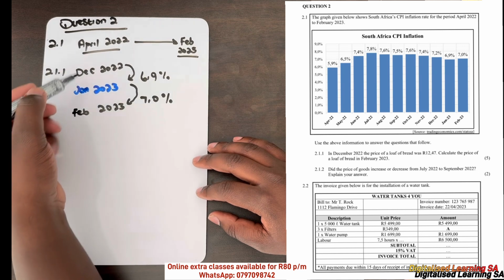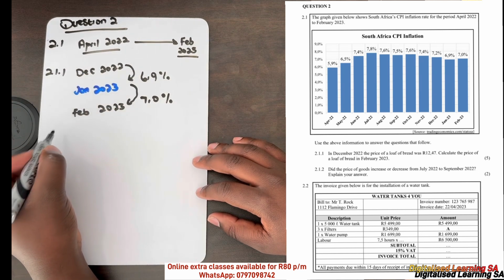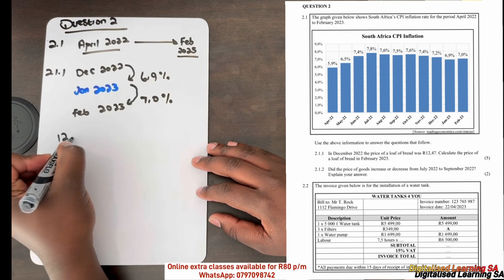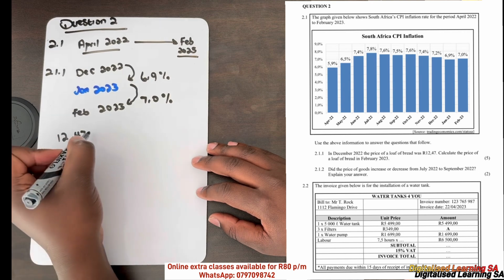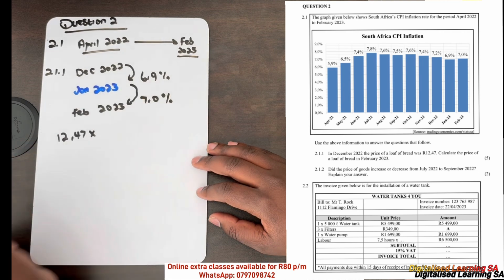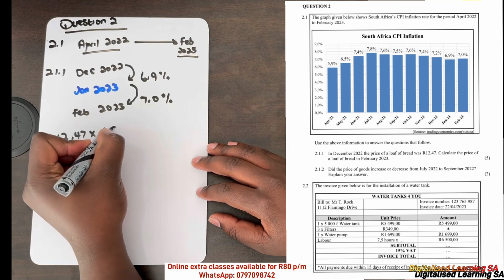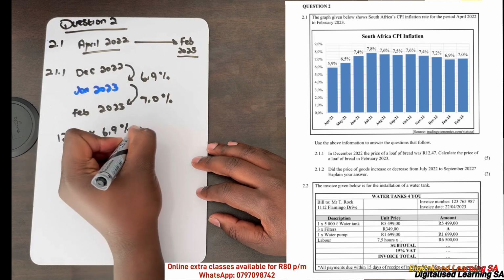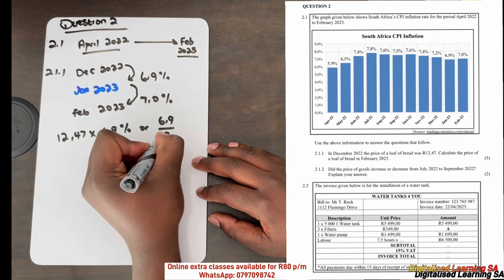So from December to January it increased by 6.9%. So we are told that the loaf of bread is 12 rand 47 cent. Then we will multiply by the percentage increase. So it increased by 6.9%, so we can just say 6.9%, or we can say 6.9 divided by 100.